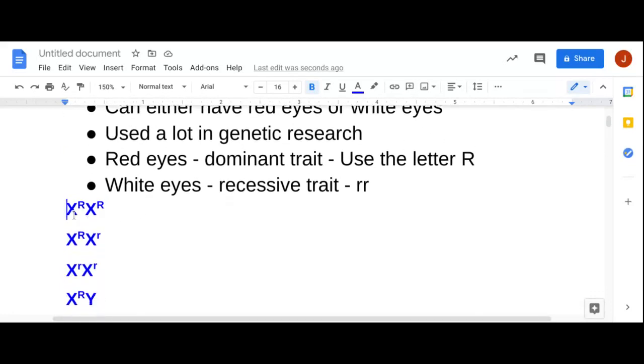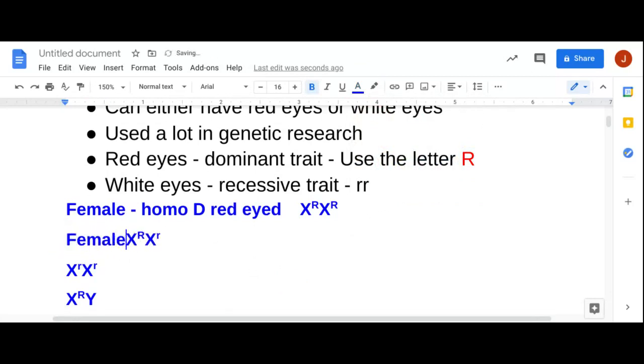So this first one, this is going to be a female. And I know this because it has 2 X's. And this is going to be a homo-dominant red-eyed female, because it has the red-eye dominant gene, so I know it is the dominant trait. Okay, next one.